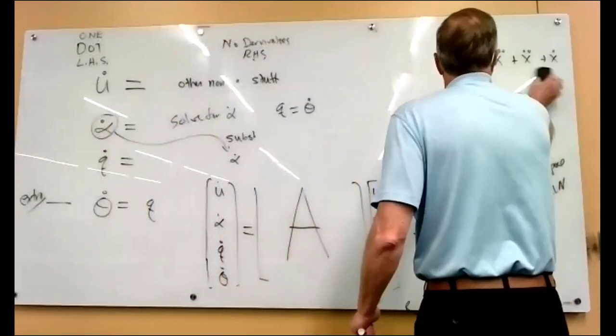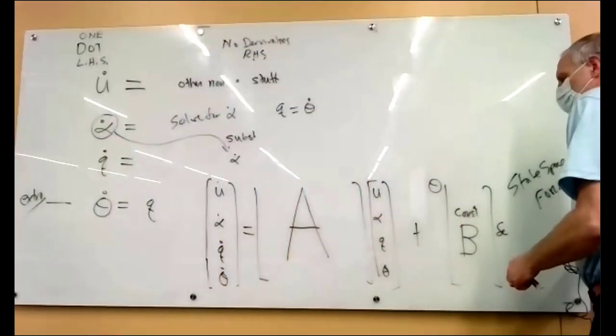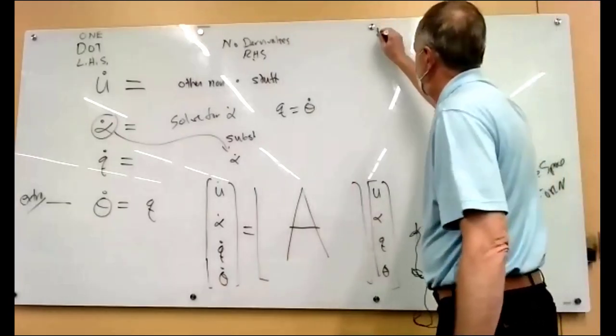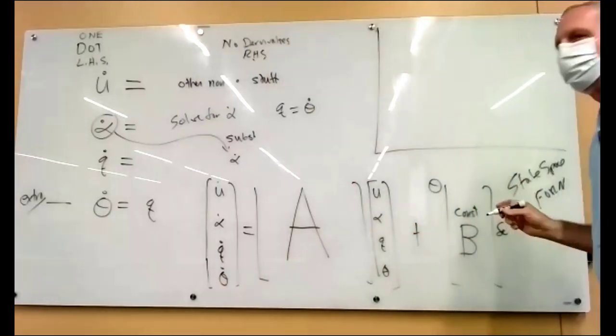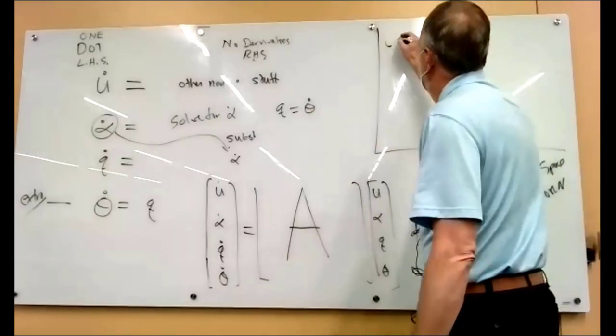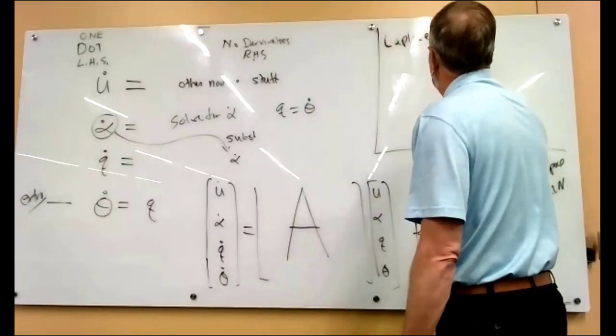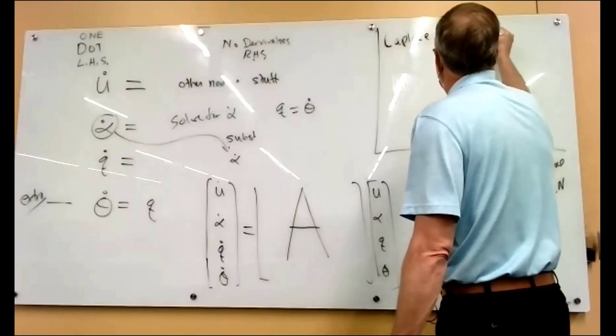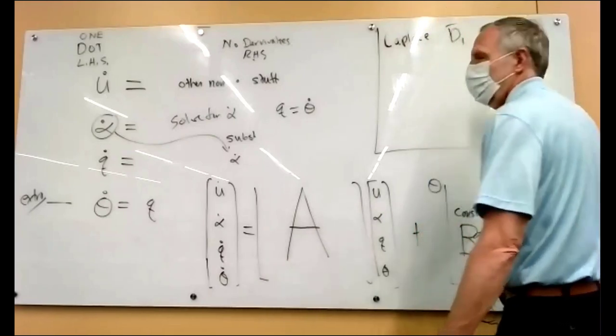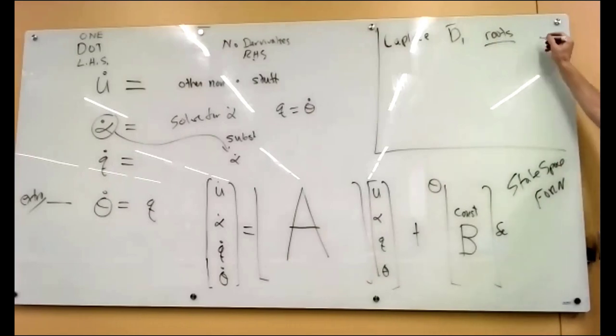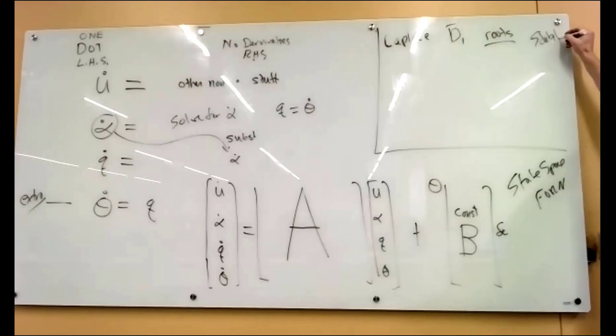The really nice thing about state space form versus the other Laplace method is, if you remember when we did the Laplace in the book, we had to find that denominator polynomial and then look at the roots to find stability, right? We just talked through that.